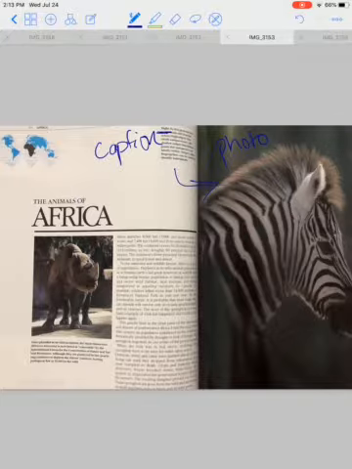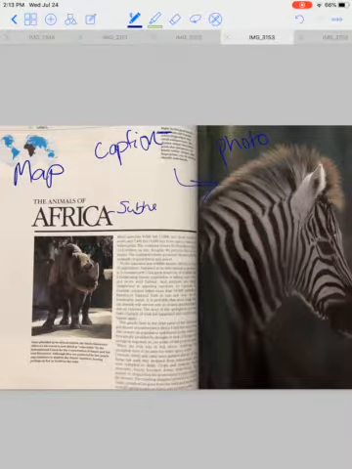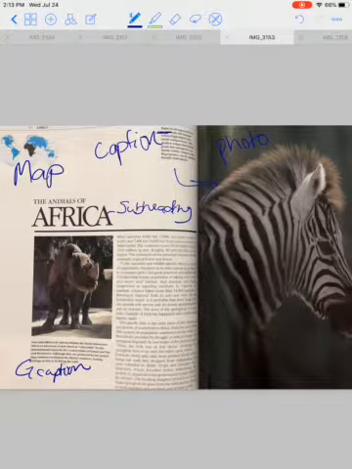We also have another text feature here, a map. It is showing you the location of Africa. Here we have the subheading, Africa. We have another caption down here. And these are all text features. These help us to better understand and help our reader understand the San Diego Zoo.